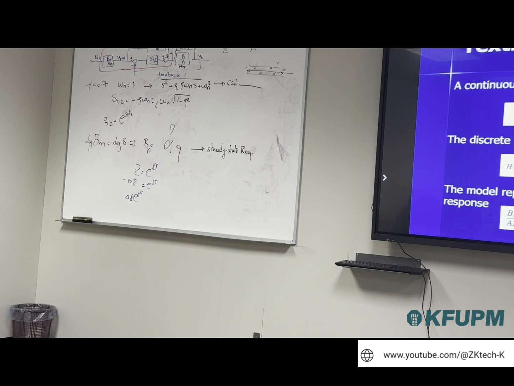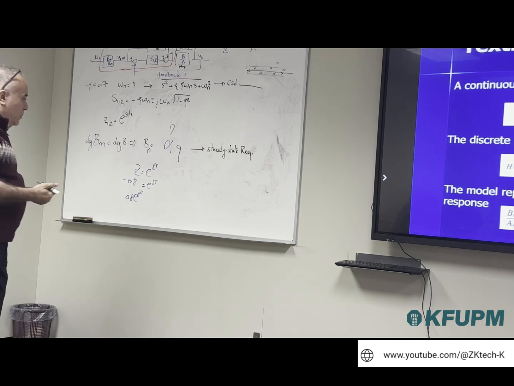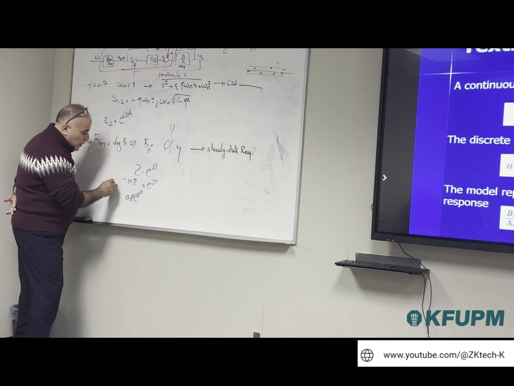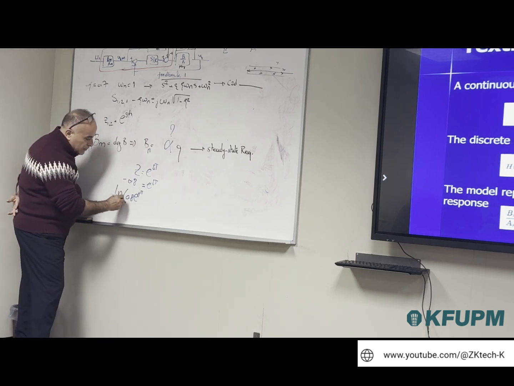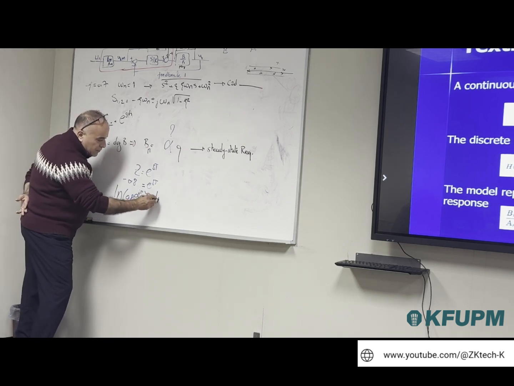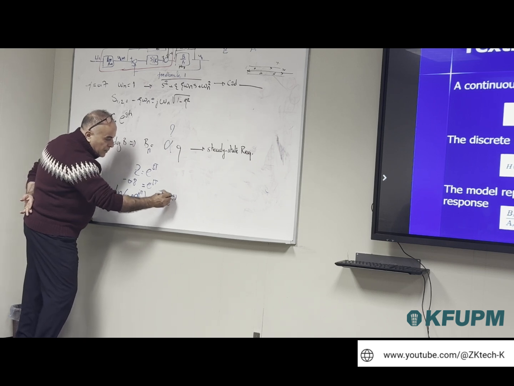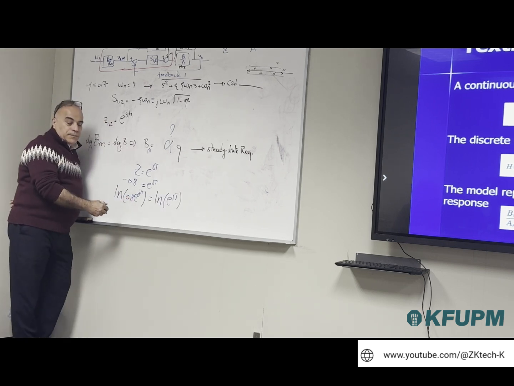Now I need to find what? S. Because S is going to explain to me what is going on in terms of dynamics. We are very familiar with continuous, but with discrete we did not work that much. So we would like to understand what is happening when the zero is minus 0.8. So if we take the log from both sides, what I will get, ln 0.8 plus ln or j pi.